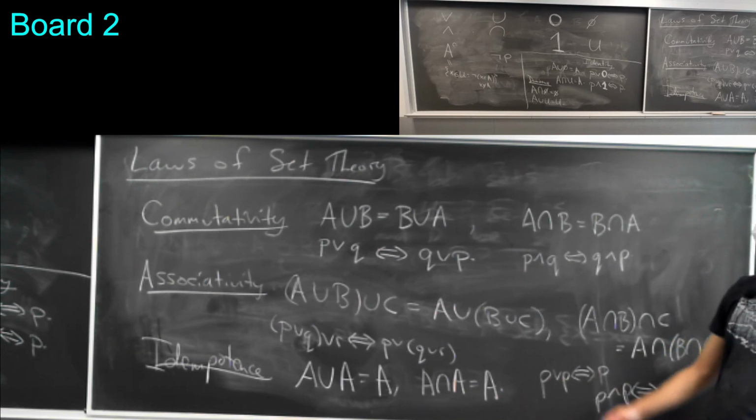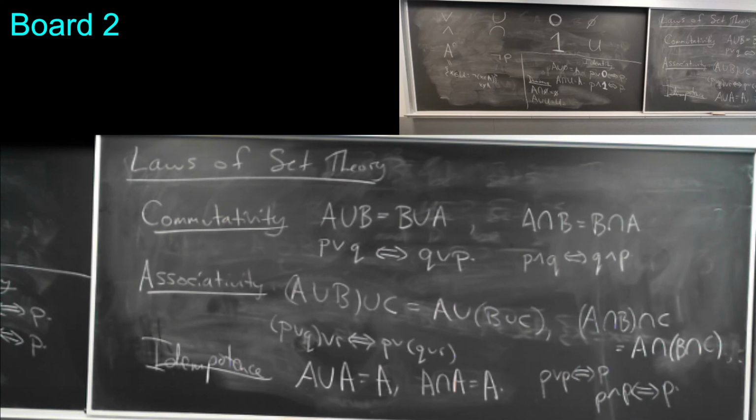So all I'm claiming here is that if you have something that's written with and or or, you can translate that to set theory. But there's not a very good analog of implication. So the implication thing doesn't really translate, but the ands and ors translate, and negation translates over.